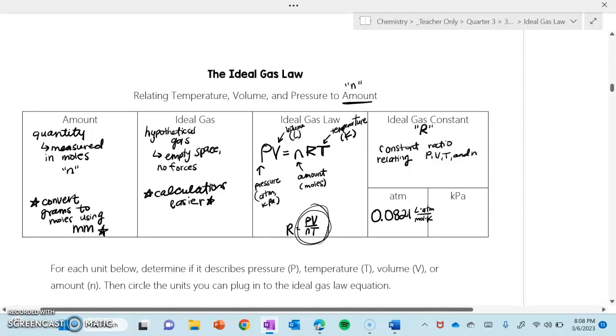The reason that we only care about pressure units when we're deciding our R value is because all the rest have to be only one unit. Volume is always liters, temperature is always Kelvin, and amount is always moles. So if it's kPa for our pressure, then your R value is 8.31, and this time your unit is liter kPa per mole Kelvin.